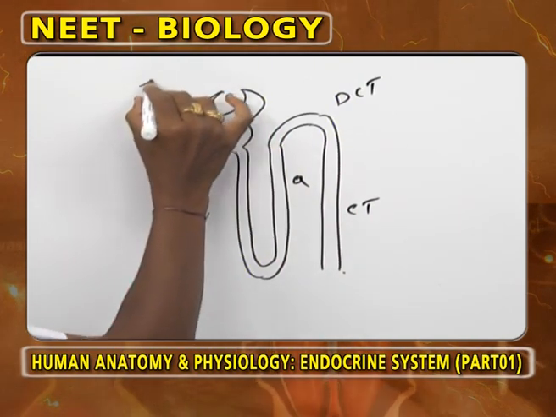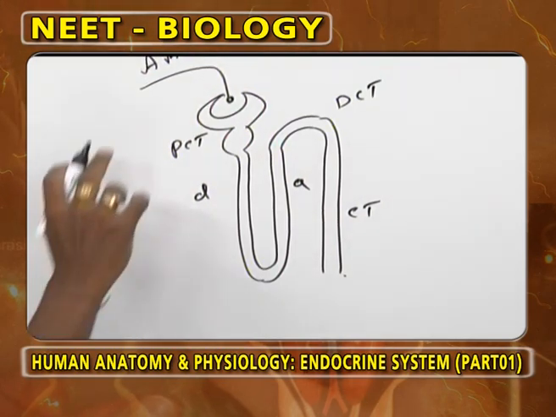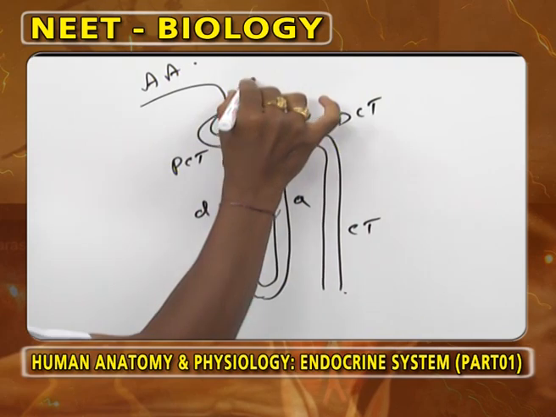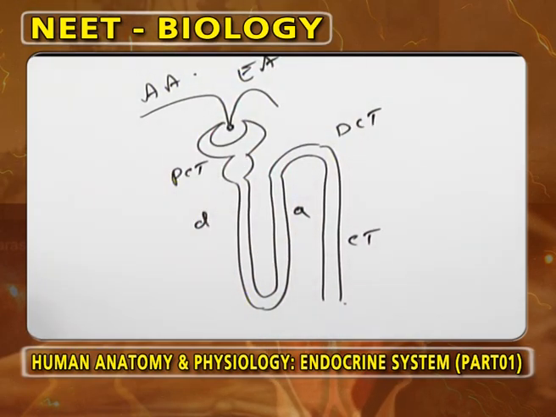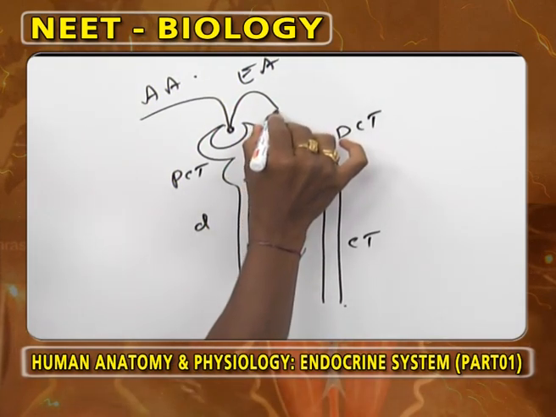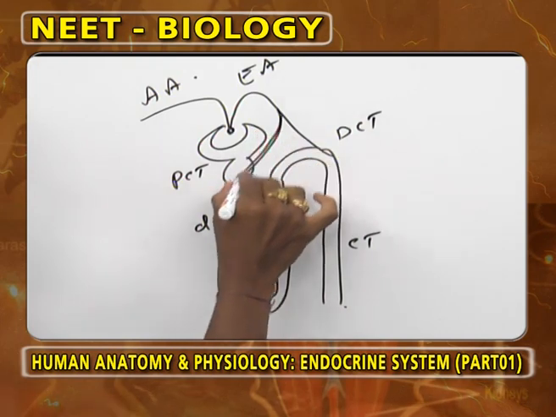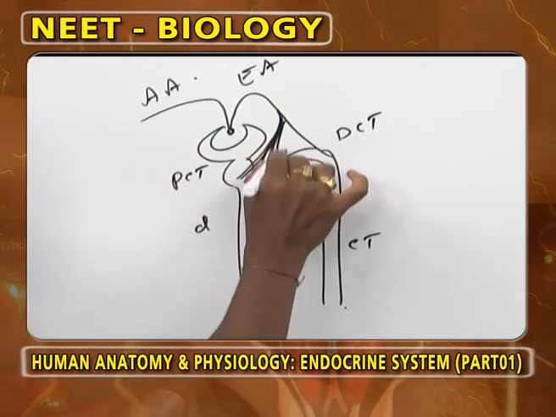Now this one we call the efferent arteriole. Efferent arteriole divides into capillaries. They unite and come out as efferent arteriole. Now part of efferent arteriole divides into a bunch of blood capillaries. Students, you have to observe the diagram.